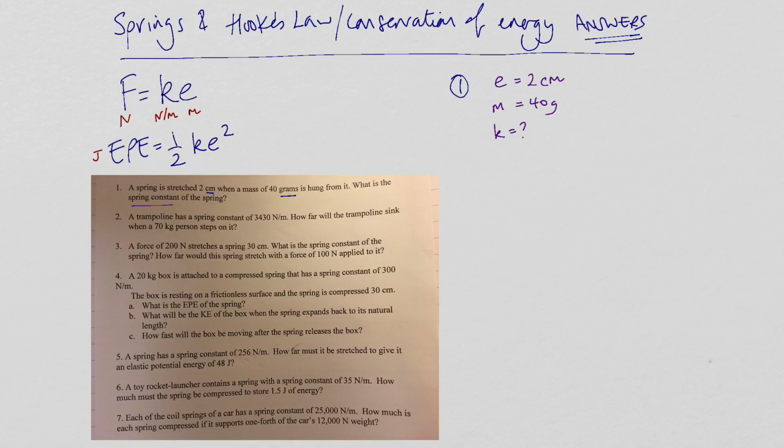So 2 centimetres, we need to convert that into metres. So that's 0.02 metres. Grams, well that's 0.04 kilograms, but that isn't in newtons just yet.